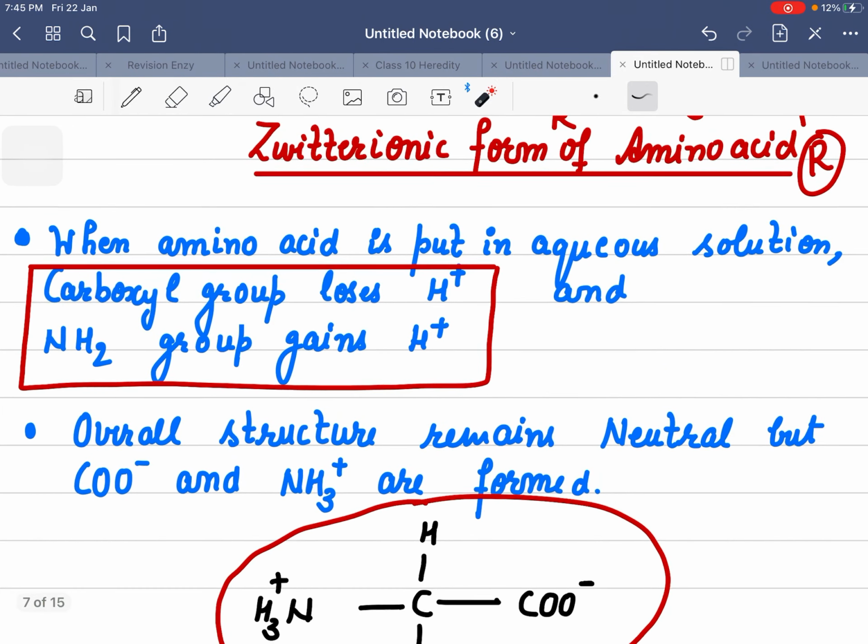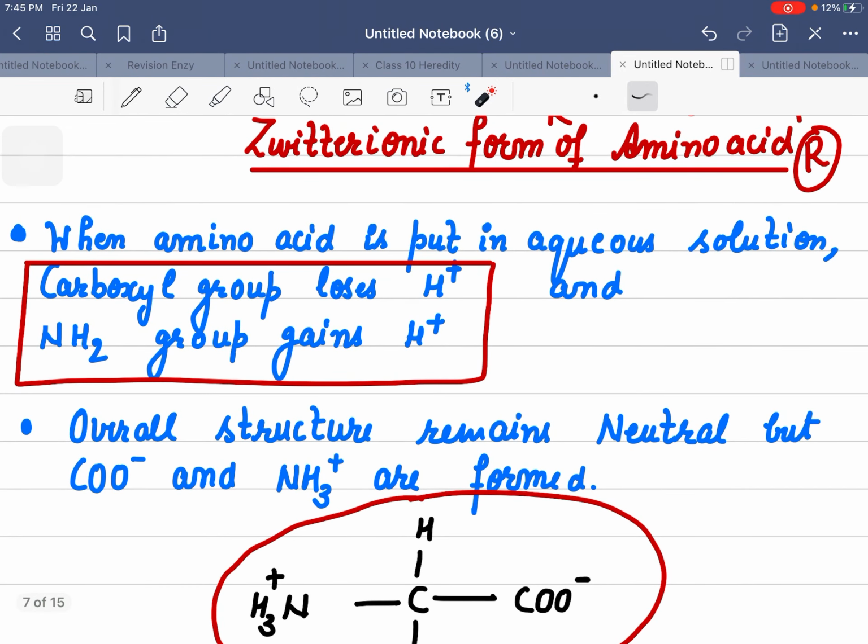This was all about the classification, right? Now the last important thing in amino acids is the Zwitterionic structure. What is the Zwitterionic structure? When you dissolve an amino acid in aqueous solution, the carboxyl group of the amino acid loses H positive.